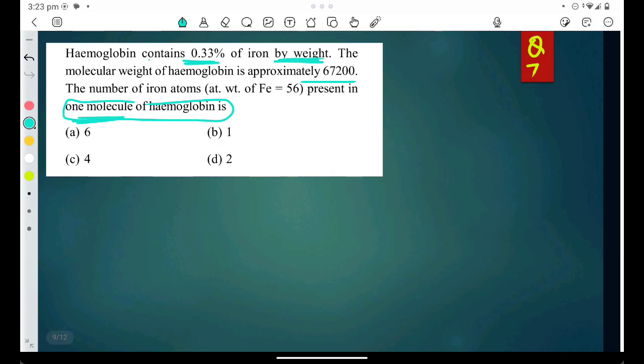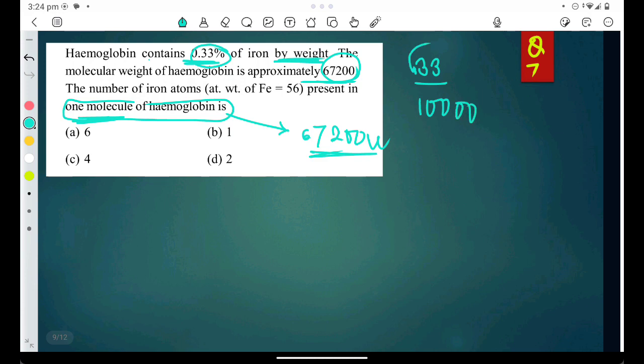So the mass of one molecule of hemoglobin is 67200 U. And now 0.33%, that is 0.33 by 100. This is going to give us approximately 1 by 300. So 1 by 300 part of hemoglobin is iron only, so this multiplied by 1 by 300 is going to give us the weight of iron in it.